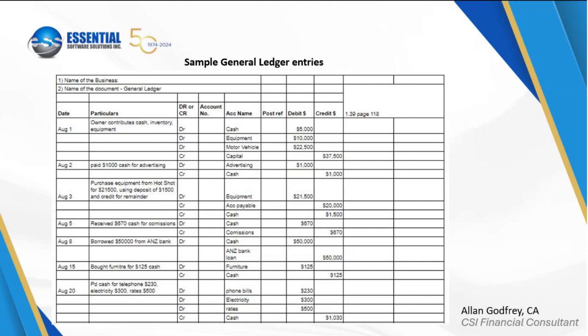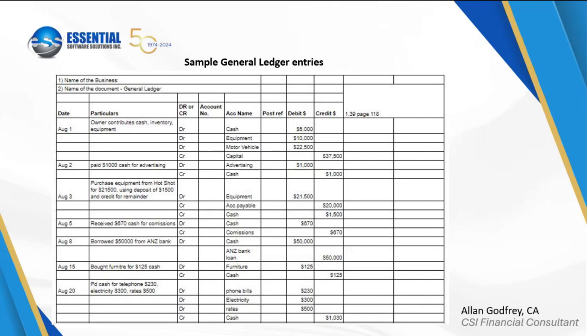The first one is just your regular asset, and the equipment and the motor vehicle would be fixed assets, but they're still showing up in assets. The flip side of that is the capital, the $37,500. You may want to label it as capital, and maybe also shareholders loan, whatever works best for you and your financial reporting.